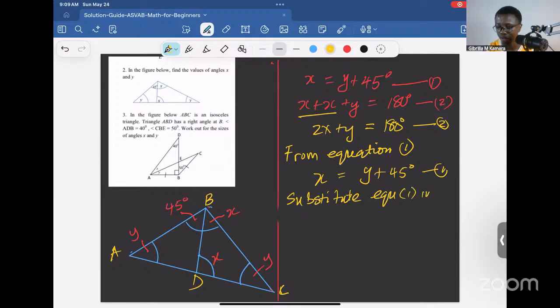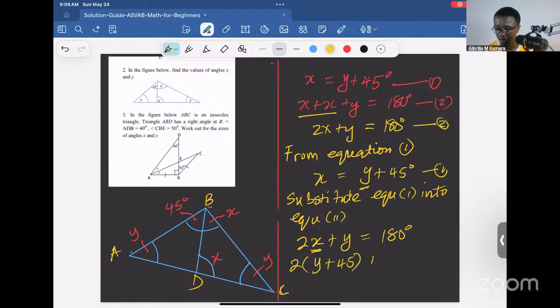Substitute equation 1 into equation 2. We just use the substitution method. So wherever we see x in equation 2, we put y plus 45, from 2x plus y equals 180 degrees. But x is this, right? So 2 into y plus 45, then plus another y. This sums up to 180 degrees.